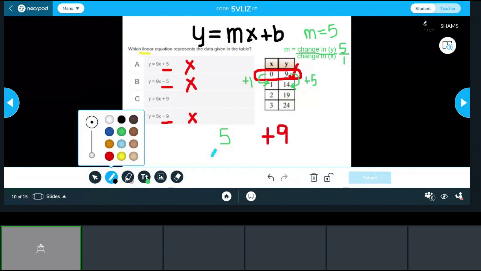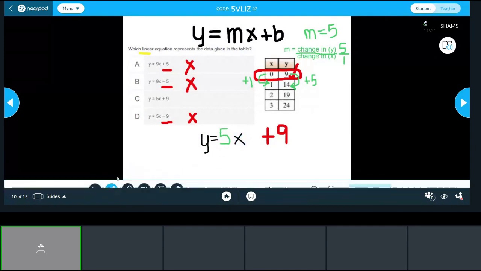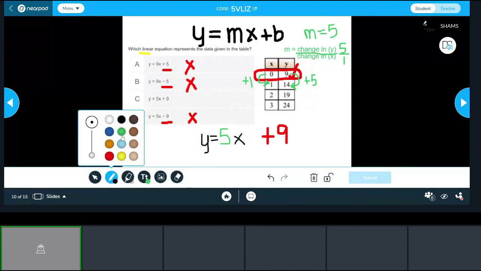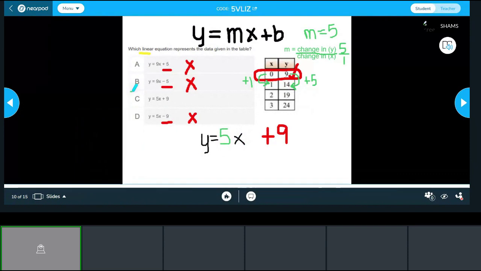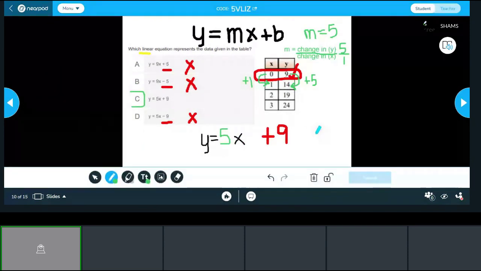The equation, you guys know, is y equals 5x plus 9. That matches very well with answer choice C. Look at it, see if that makes sense. Okay, go ahead, move on to the next question.